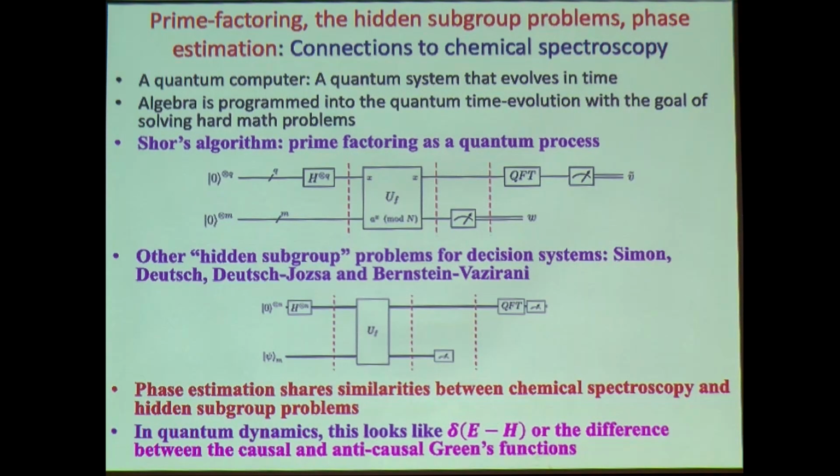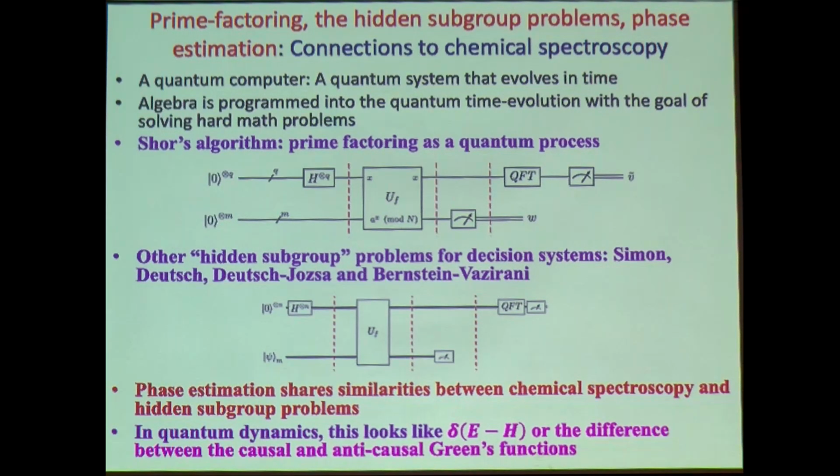Okay. So how does prime factoring work on a quantum computer? You have a quantum system which is represented using a set of qubits here on the left. And for us as chemists, we could think about this set of qubits as a bath variable and this set of qubits as a system variable. So it's a system-bath simultaneous quantum dynamics.